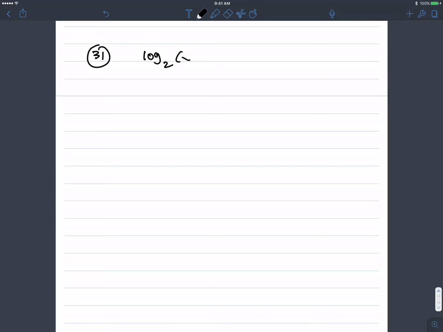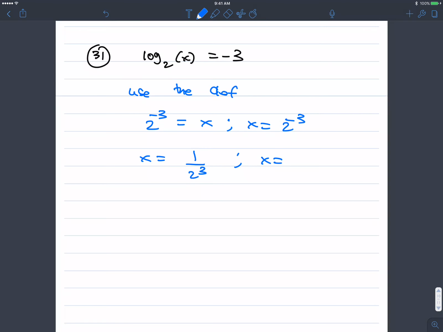Log base 2 of x is negative 3. Use the definition. 2 to the negative 3 power is x, or x is 2 to the negative 3 power. X is 1 over 2 to the positive 3 power. X is 1/8.